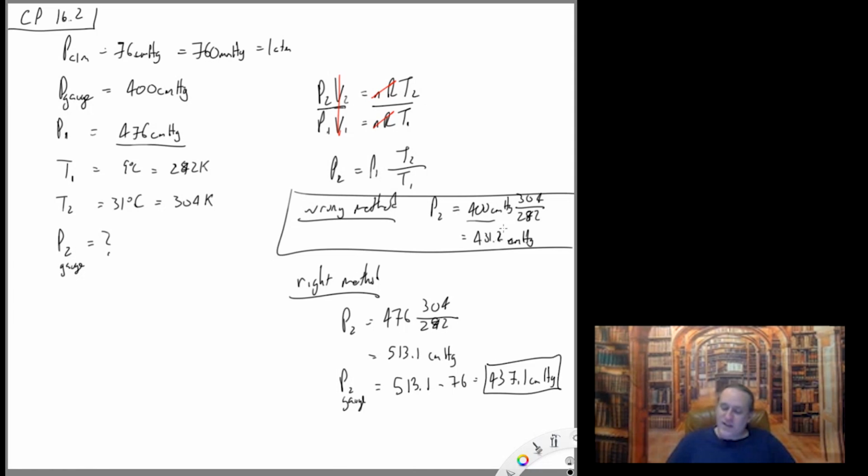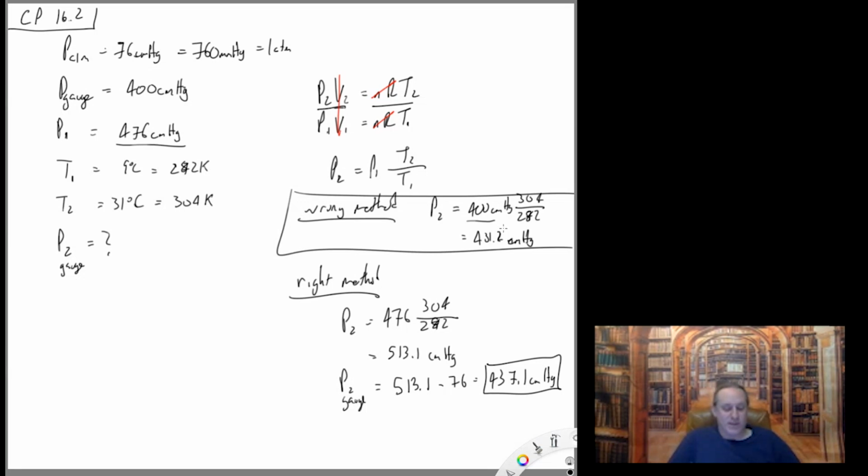You can see that when you do the wrong approach, the answer is not off by that much. And so it's not easy to realize you made a mistake because the answer makes sense. Temperature goes up, the pressure goes up a little bit. And I can't tell, before I see the number, whether 431 or 437 look better.